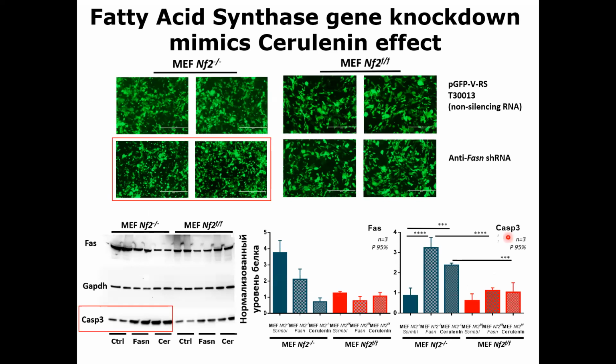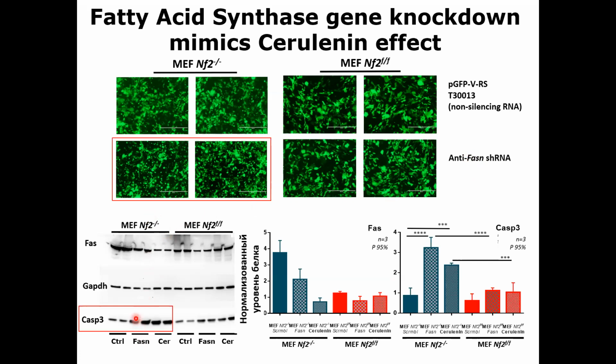We used the short hairpin RNA targeted against the fatty acid synthase gene, and saw that it also selectively caused apoptosis in NF2 deficient cells.